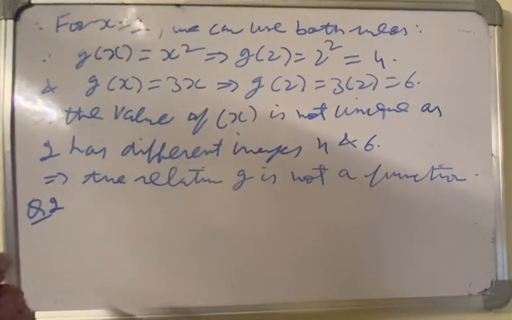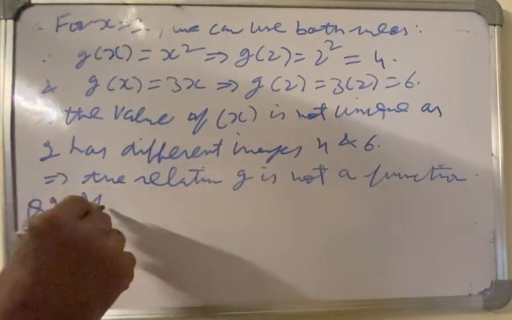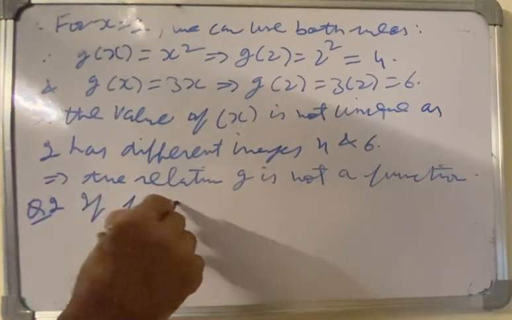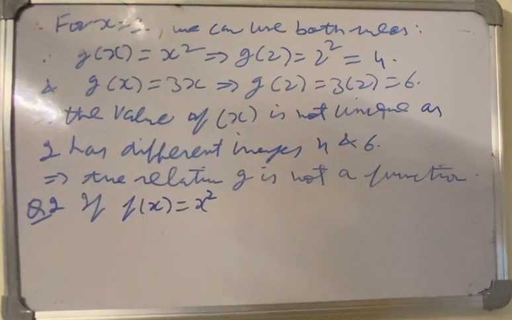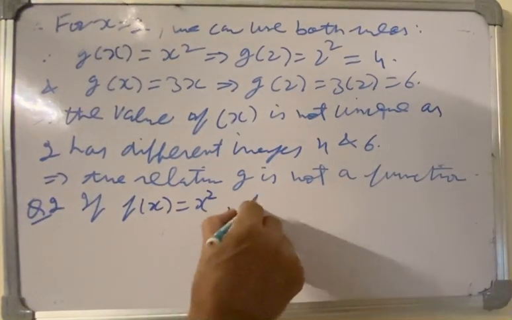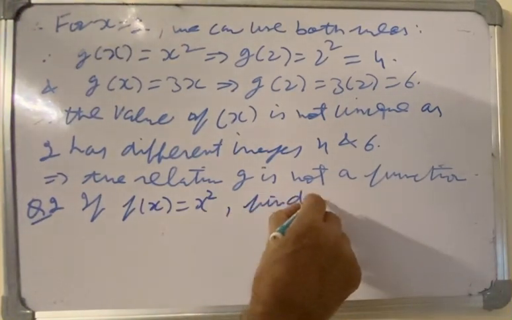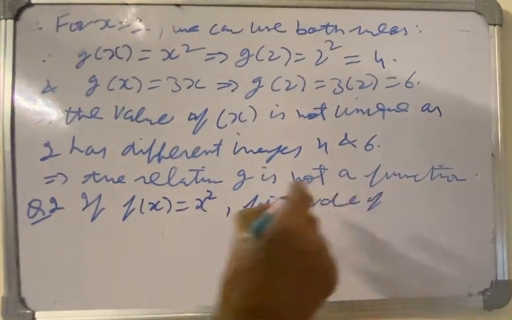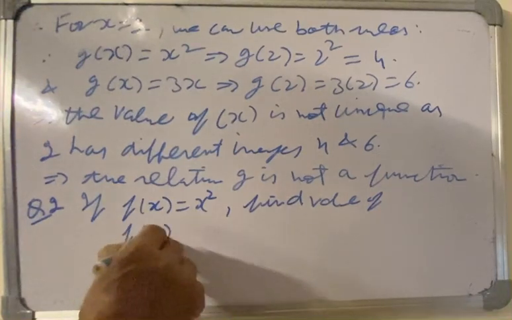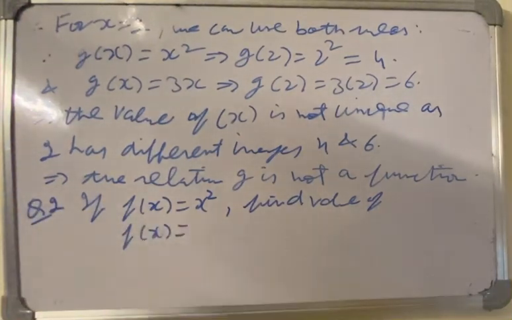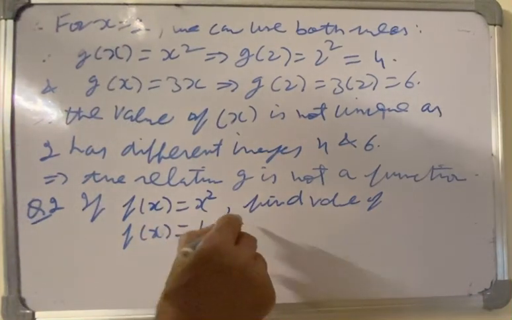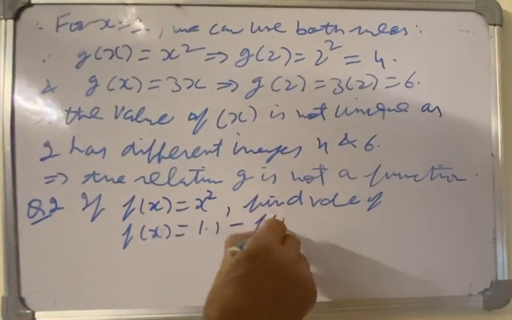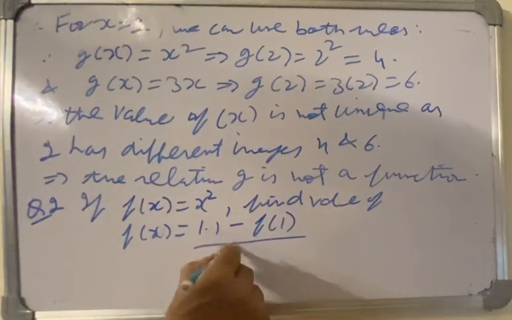If f(x) is equal to x squared, then find the value of (f(1.1) minus f(1)) over (1.1 minus 1).